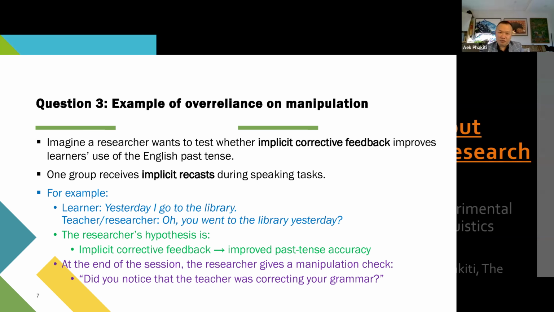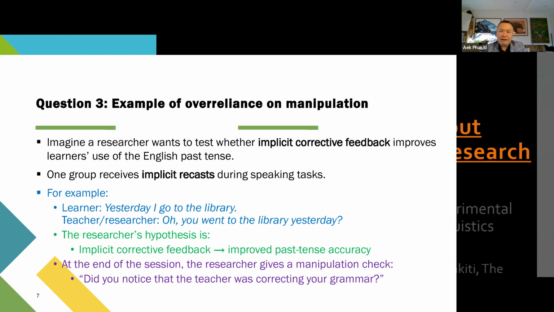An example of that: Yesterday I go to the library, and the teacher said, "Oh, you went to the library yesterday?" So this is an example of recast, right? And so the researchers' hypothesis is that implicit correction can improve their past tense accuracy. They want to test that, right?